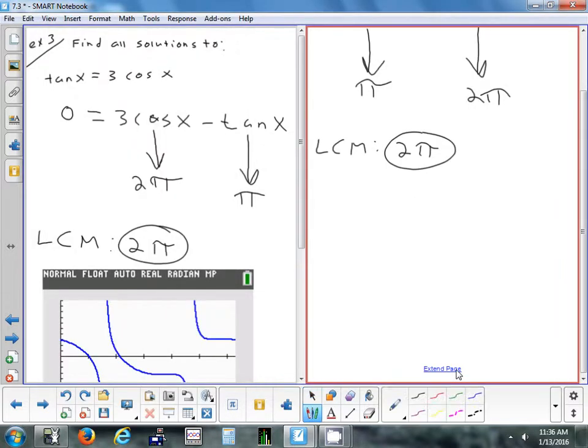All right, so the 6 answers are 0.50, 1.25, 1.57, 1.89, 2.65, and 4.71. Okay. And every answer would have plus 2 pi m.